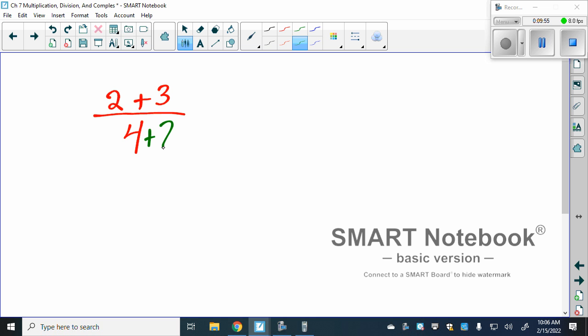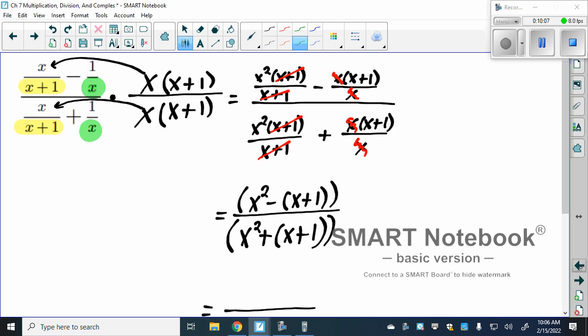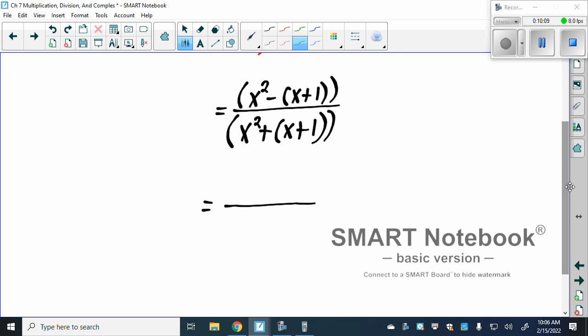Because here, if we had 4 plus 7 on bottom, trying to just simplify the 2 and 4 would actually change this entire fraction. Does that kind of make a little more sense? So whenever we look at these here, we really need to simplify to multiplication, because when we have two things being multiplied, we can split them apart and put them back together quite easily, like we've been doing the last few days, because multiplication, we multiply on top, they're next to each other.